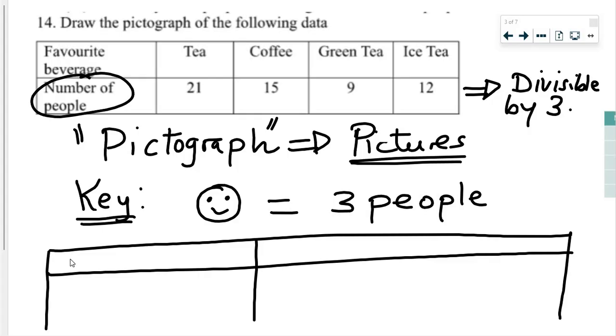The first column will be about favorite beverage. So you write here, favorite beverage. And here is number of people.